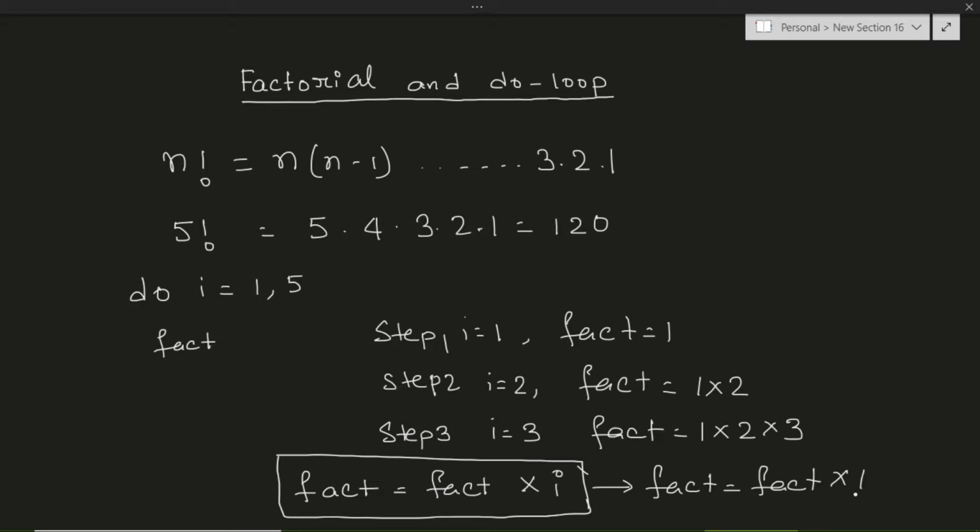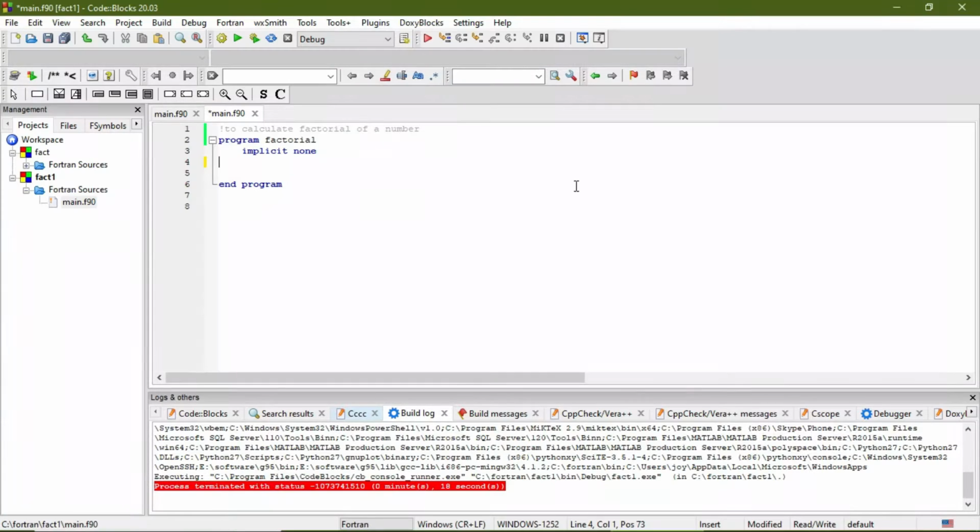The natural choice for this initial value is the identity element, an idea that comes from group theory. Under multiplication, the identity element is 1, and under addition, the identity element is 0. As we are multiplying numbers, we set the initial value fact equal to 1.